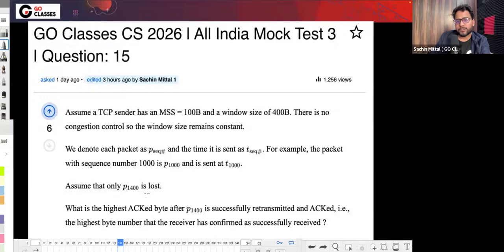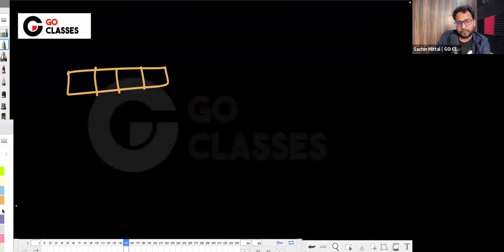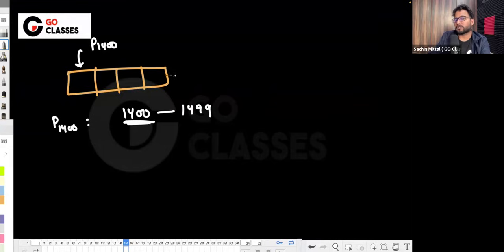So which means that, see, p 1400 means what will be the sequence numbers? It will have 1400 to 1499, because MSS is 100 bytes and the sequence number is always the first one, right? So if it is p 1400, it will start from 1400 and go to 1499. So basically this packet is p 1400 and this packet has been lost.